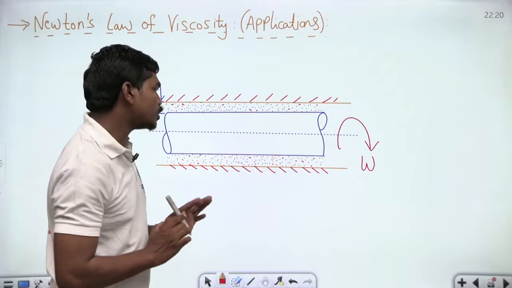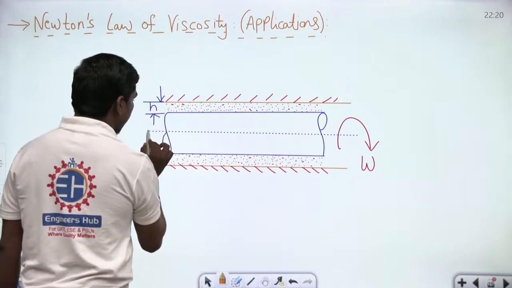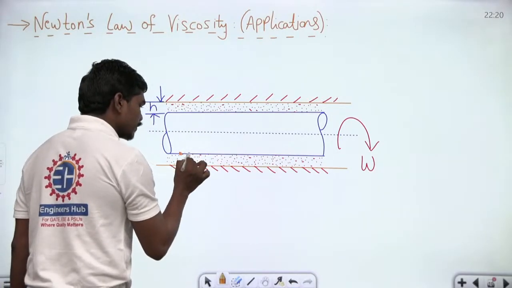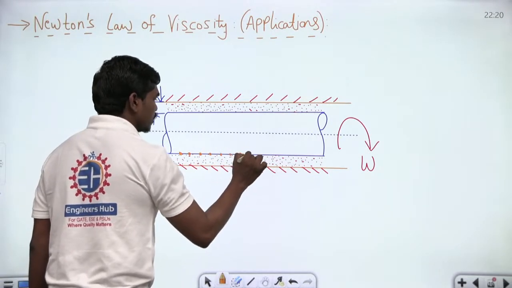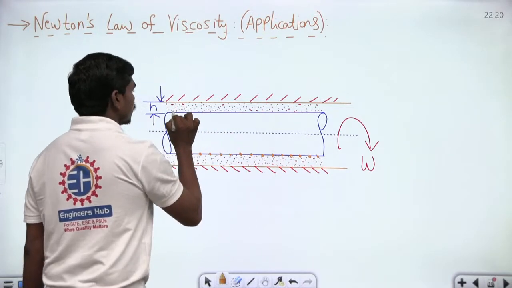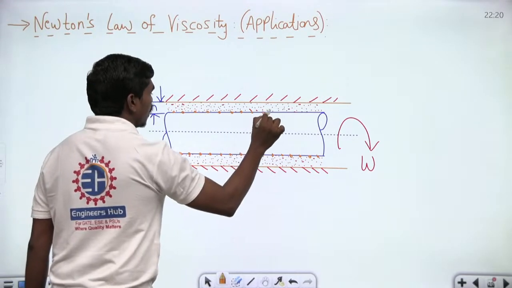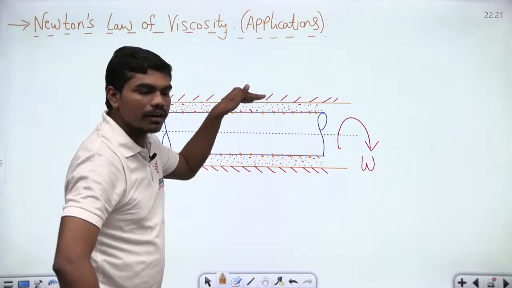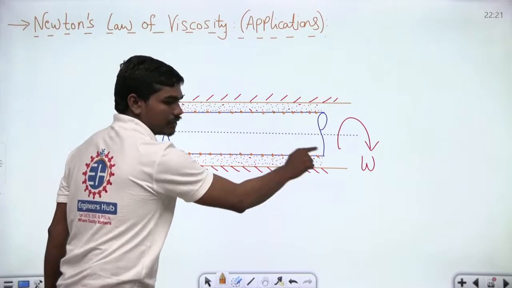Now, if this axis is the reference about which this shaft is rotating, then all the points of contact of fluid with solid are equidistant from this fixed line, correct? All the points that are in contact with this fluid and solid are lying at the same distance from this reference. Yes or no?